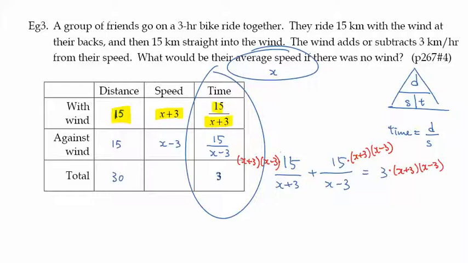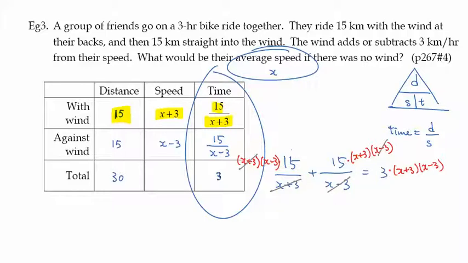This is for us to reduce with the denominator, to get rid of the denominator. The denominator can be reduced with part of the LCD. Same thing for the second one.